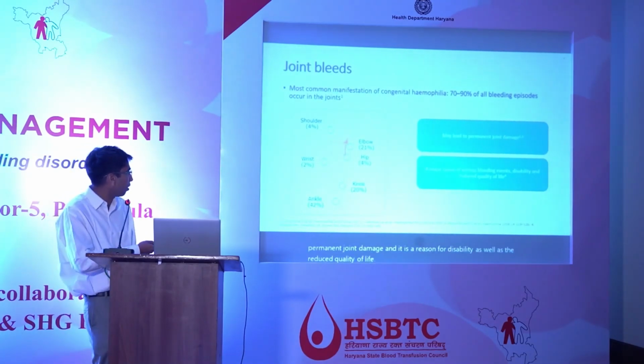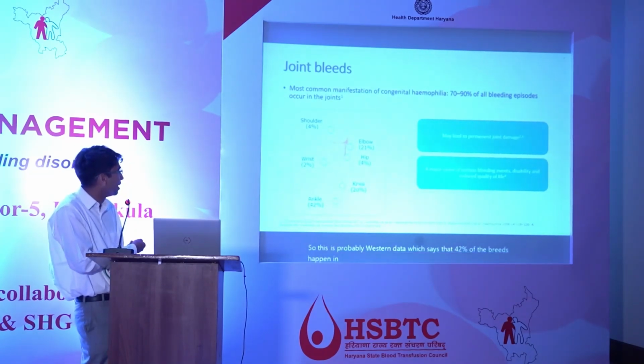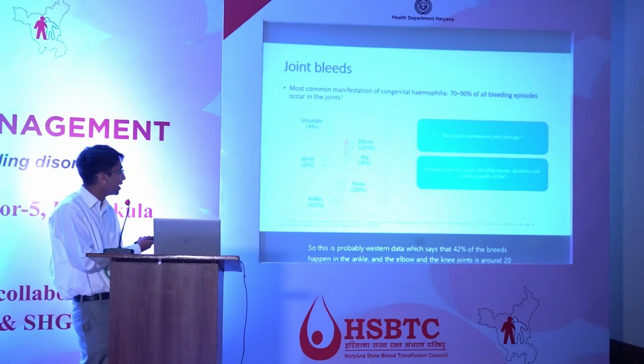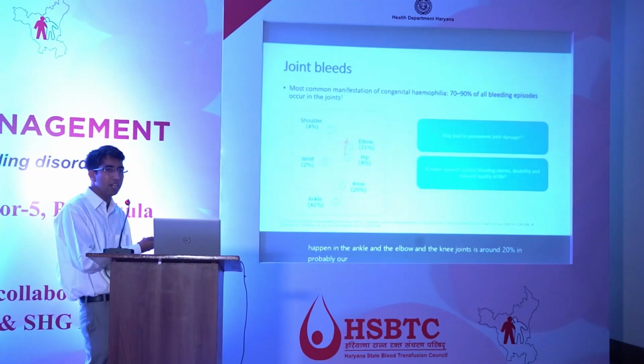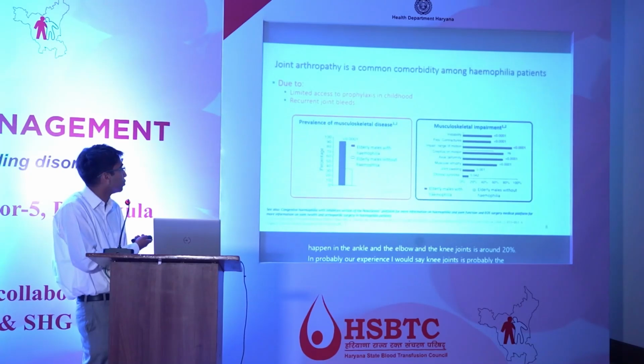This is probably Western data which says that 42% of the bleeds happen in the ankle, and the elbow and the knee joints is around 20%. In probably our experience, I would say knee joint is probably the commonest site of joint bleed.